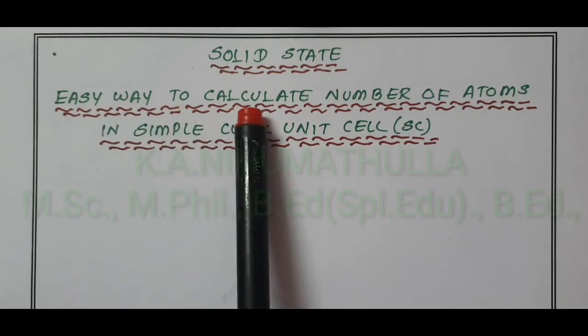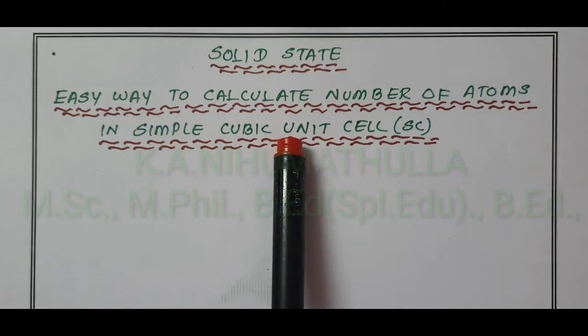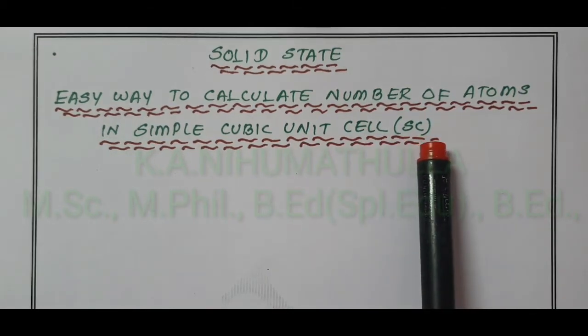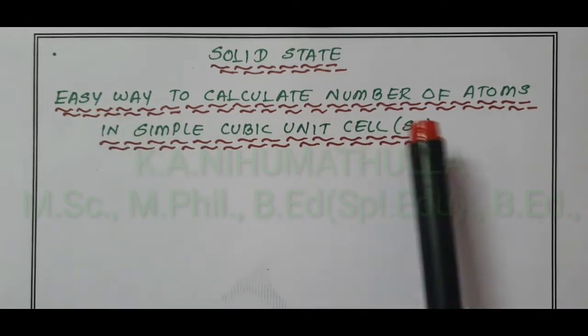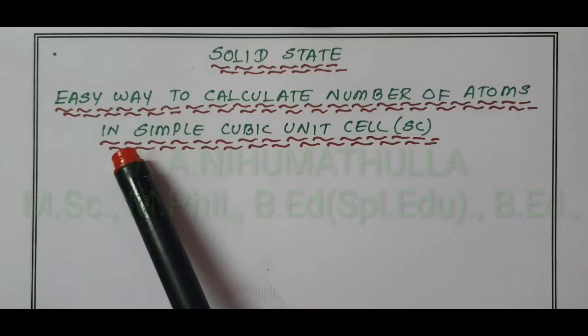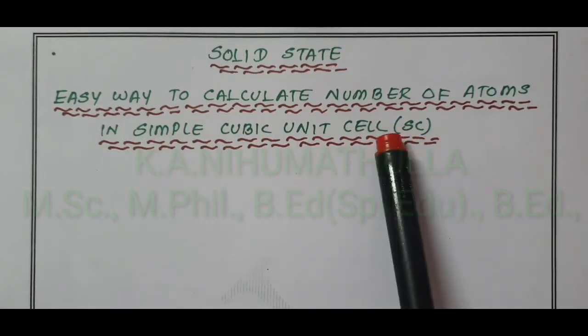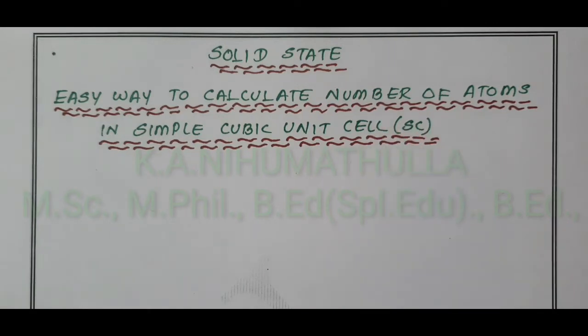In this video we are going to discuss an easy way to calculate the number of atoms in a simple cubic unit cell, SC type unit cell, also called a primitive unit cell.